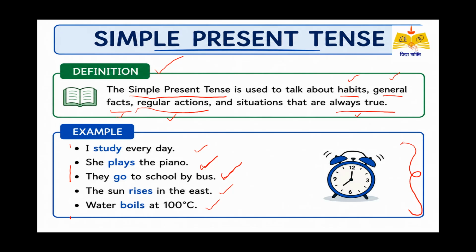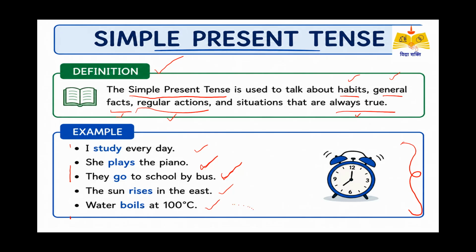Okay, then the sun rises in the east. Sun rises in the east. It's a general fact. It's a universal truth. So we call it simple present. These are some of the examples. Water boils at 100 degrees centigrade.